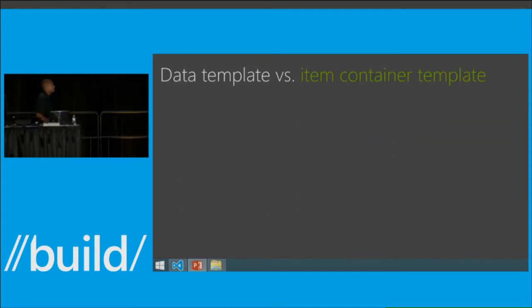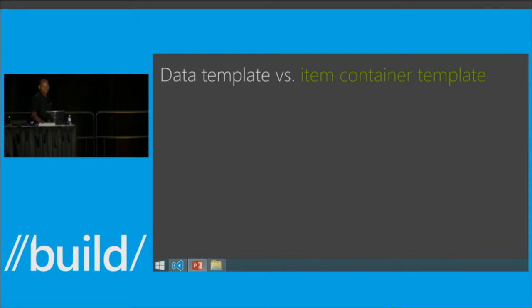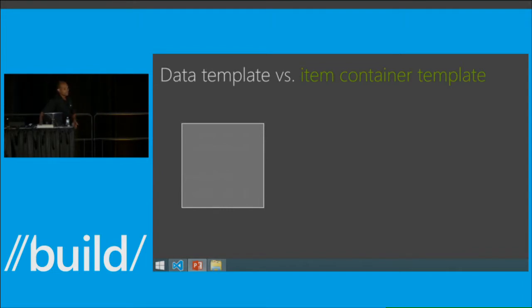The item container template is all about state. And this is something that if you use the default visuals that we provide in XAML for like selection or hover or focus, you don't have to think about this. But like all things in XAML, it's customizable and you can retemplate it. But the item container template deals with state. So we create some objects for you to display the data template.